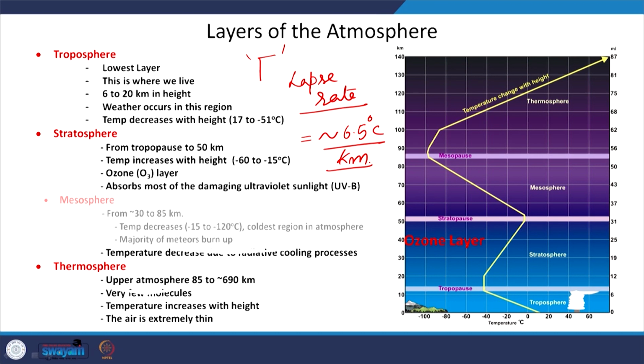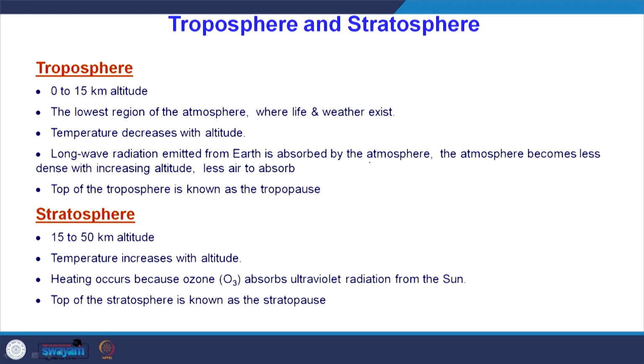What are other salient features about each of these layers? What are other interesting physical or chemical processes which exist in these regions? We will see. Now, let us take the troposphere one by one. Troposphere is the bottommost layer, where all the life and weather exist.